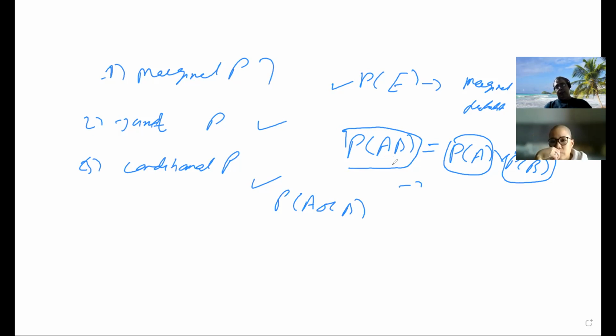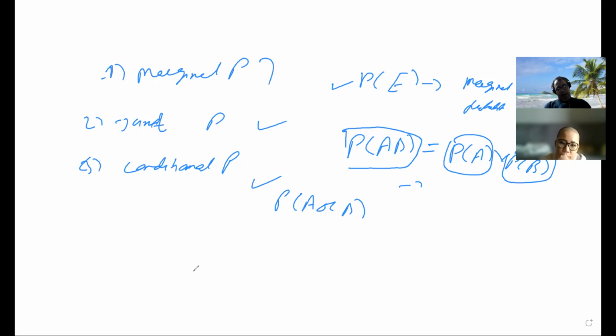But if A and B are actually happening together and they are independent events, we are not talking about dependent events or mutually exclusive events. We are talking about independent events. When they are happening together, it is basically the multiplication of marginal probabilities.